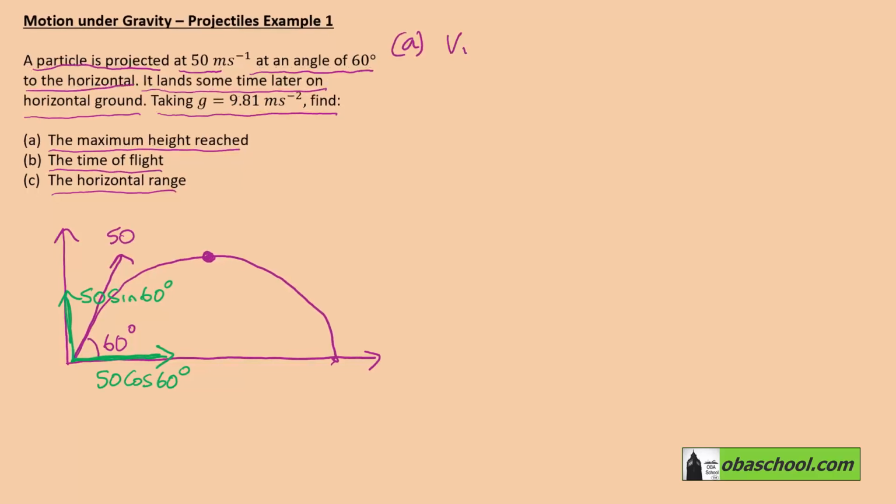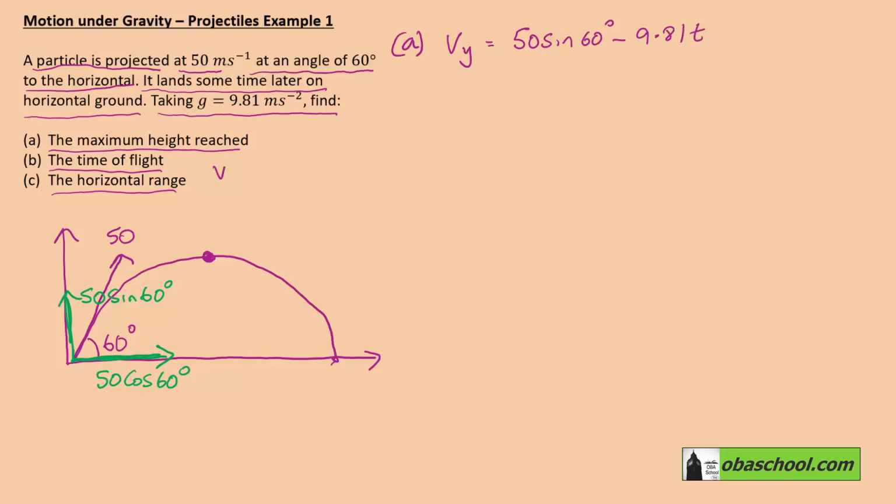And if we think about the vertical velocity, Vy, that is going to be the initial velocity, which is 50 sine 60, take away 9.81 t.